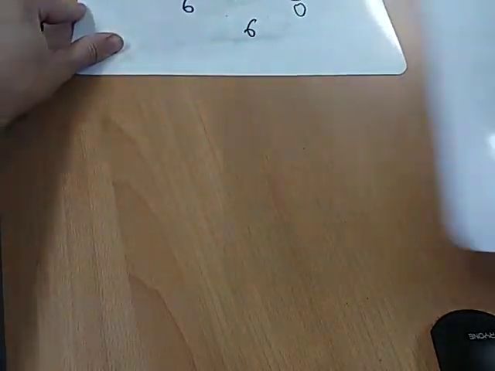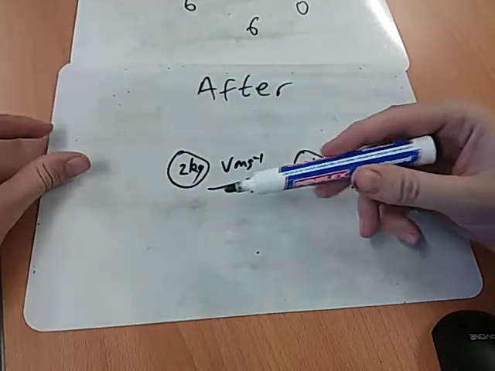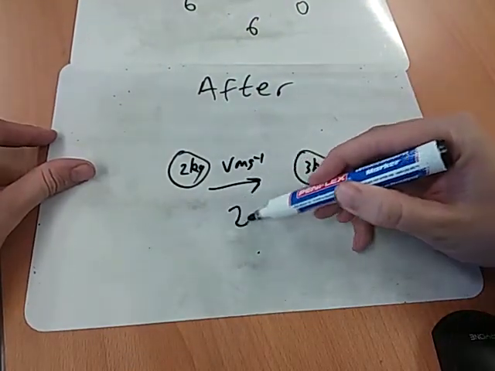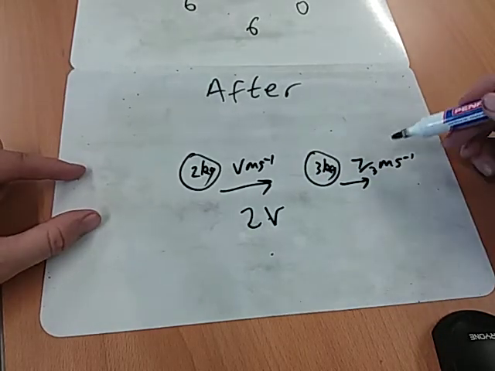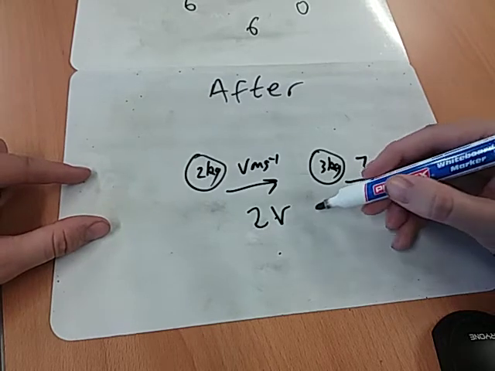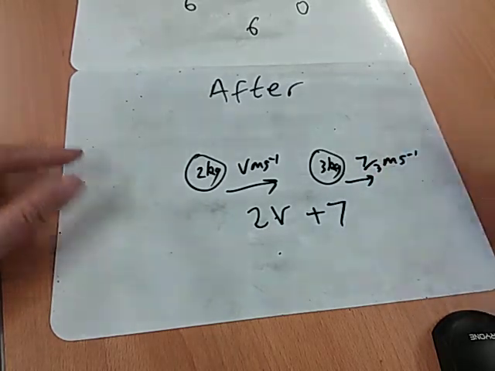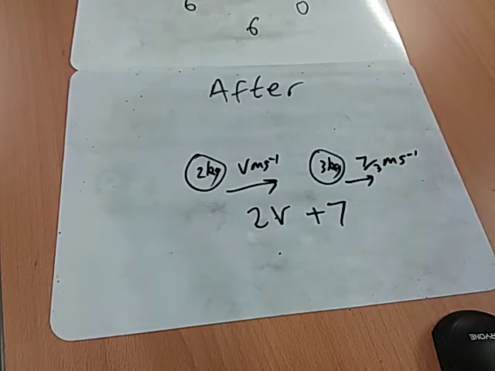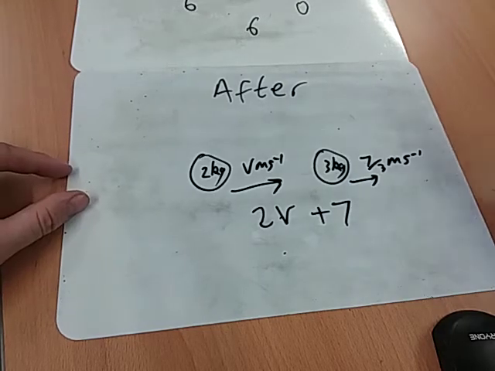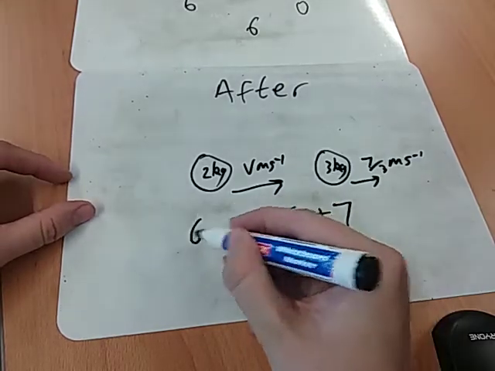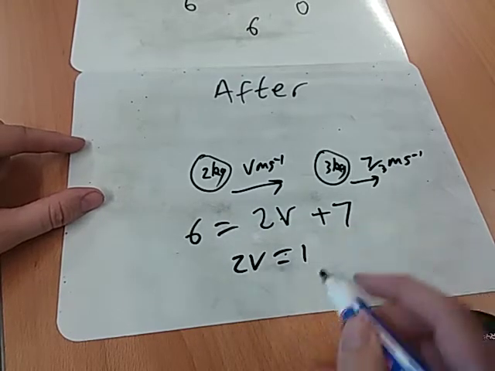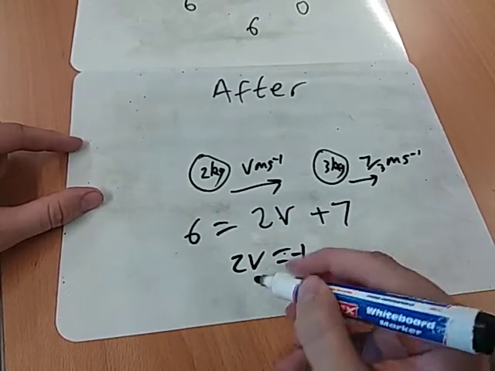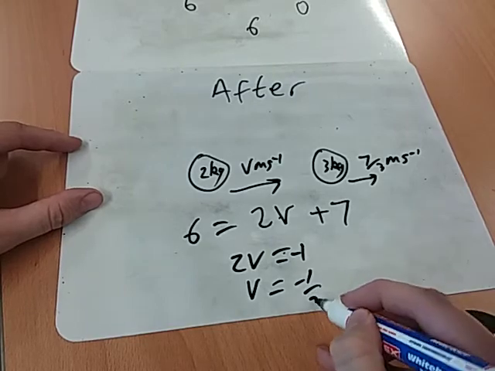If we try it on the after picture, well, this one has a velocity of v, so its momentum is 2v. We don't know what v is, it's a constant we can solve for. And this one has a momentum of, well, 3 times 7/3 is 7. And so it has a total momentum there of 2v plus 7. Putting that equal to the momentum from before, we have 6 equals that, and we can solve it. So 2v equals -1, and so v equals -1/2.